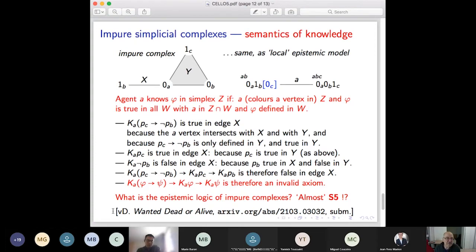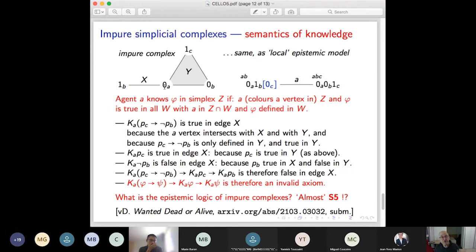And then you can say things like, okay, we have here an impure simplicial complex. Consider the perspective of agent A. Agent A is uncertain between one-dimensional edge X and two-dimensional triangle Y. So what does A know?